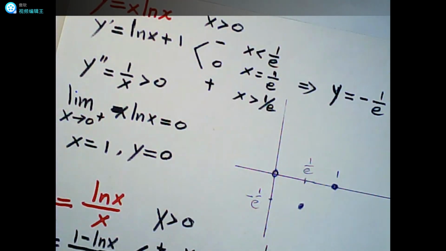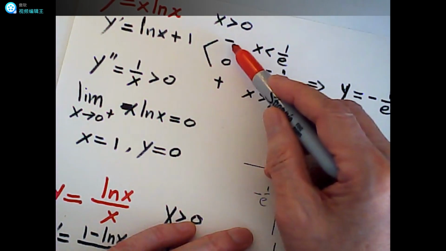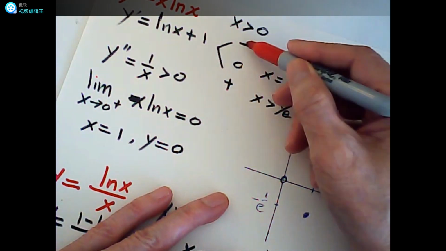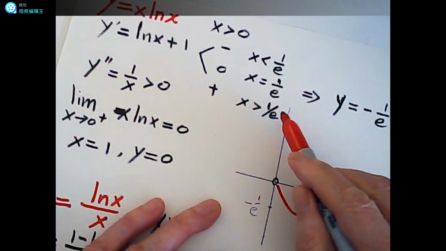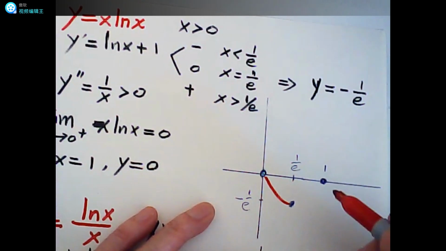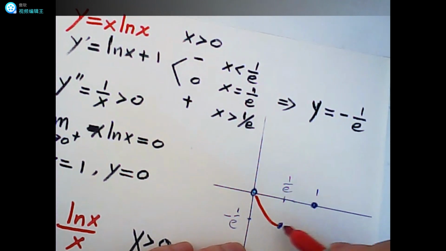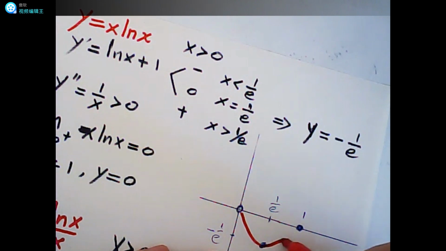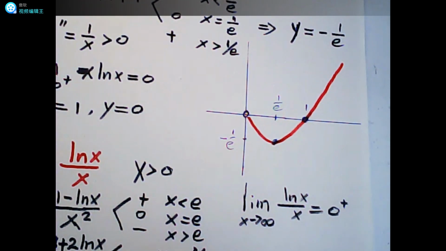Then for x before 1 over e, is it increasing or decreasing? So decreasing. After this point it is increasing and crossing this point, right? Crossing this point. So that's the curve.